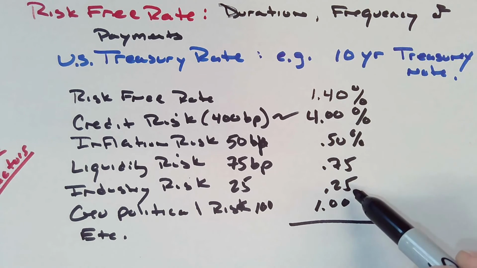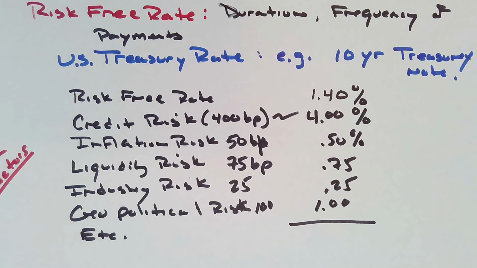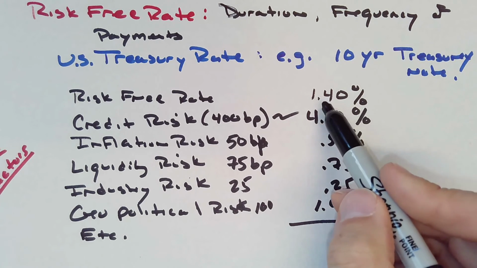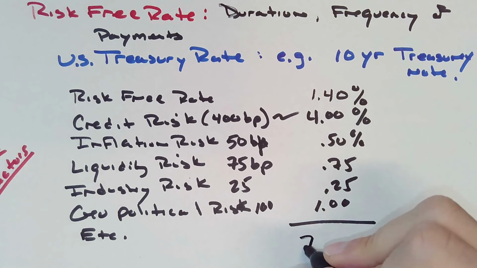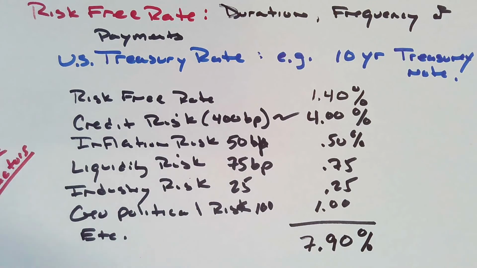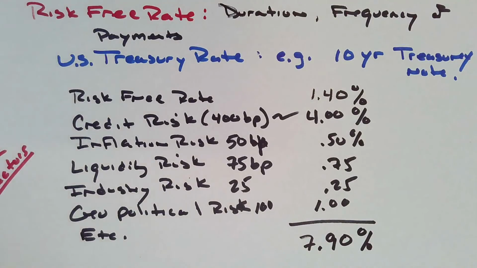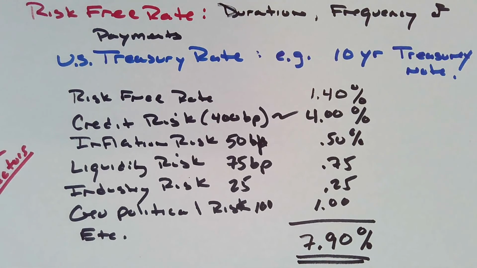So I'm doing the math here quick. We got 250 plus 4, 650, plus 140, so 7.9%. So I want a 7.9% return for this particular company, given that they're going to issue their debt.